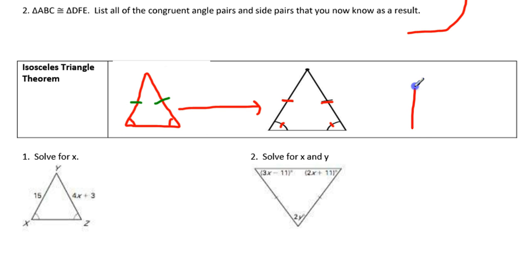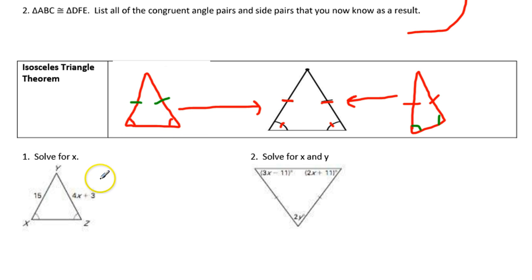And by the same token, when you have an isosceles triangle and the two sides are known to be the same, you get for free that the two angles are the same. So you get the full package of an isosceles triangle. Basically, the isosceles triangle theorem just says if you have equal angles, you get the equal sides. If you have the equal sides, you get the equal angles.